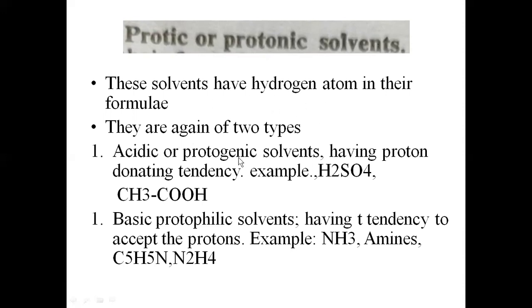First type is acidic or protogenic solvents, which contain proton. They have tendency to donate the proton. Second type is basic or protophilic. Phil means attraction, affinity. So basic or protophilic solvents, what are these?